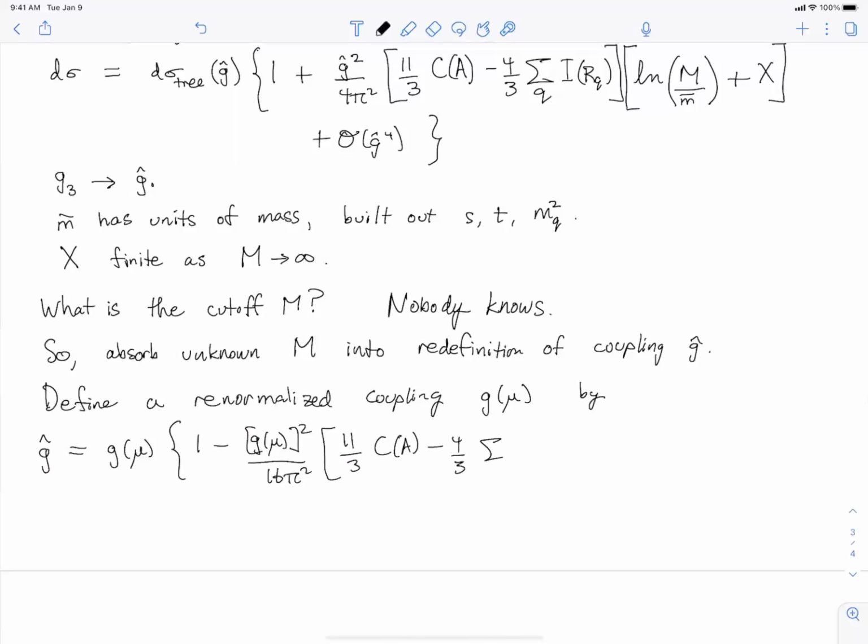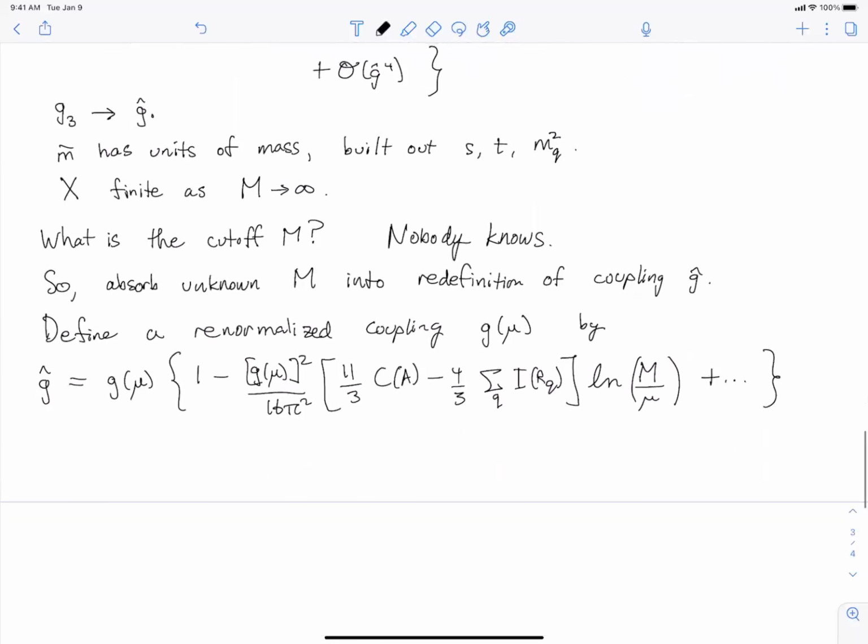So it depends on the sum over the index of the quarks in their representation, times a logarithm of the cutoff mass, but now divided by mu. I'm not including the x here. And then I could do plus dot dot dot if I did more loop diagrams.